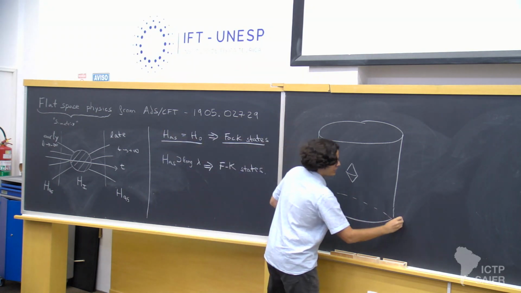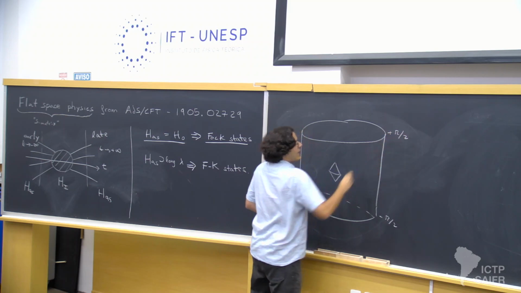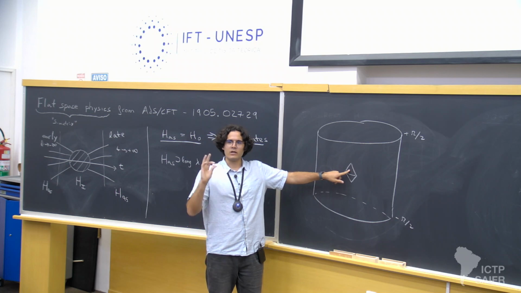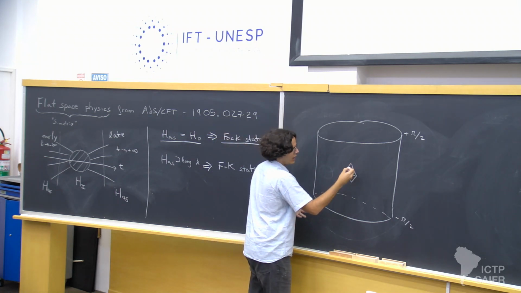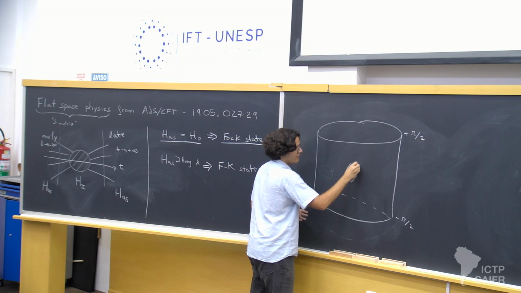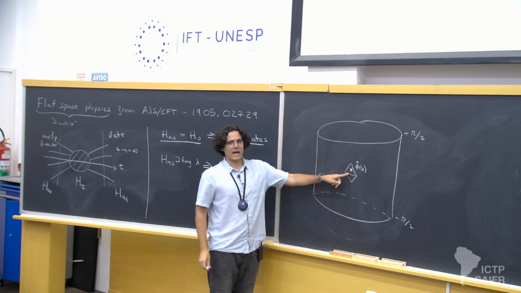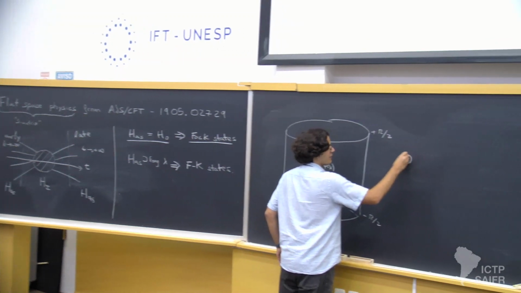This is minus pi over 2, and this is plus pi over 2. And now I am going to try to build a scattering state somewhere here. In order to do this, I'm going to study a local quantum field, a local operator that I'm going to call phi of x, that lives somewhere in this scattering region and that is free. So I want to understand what phi of x is.